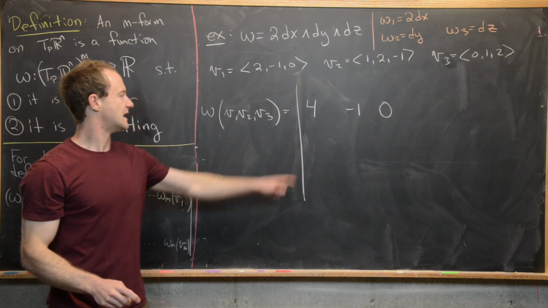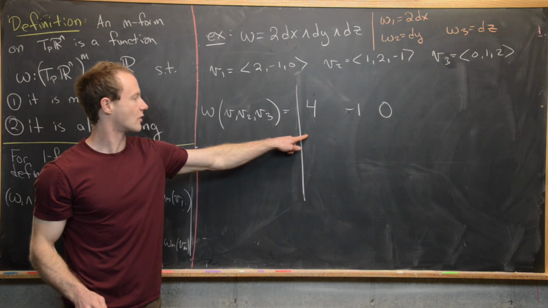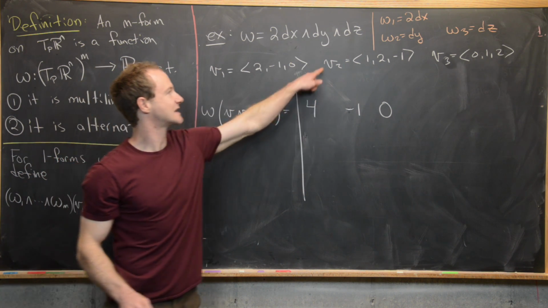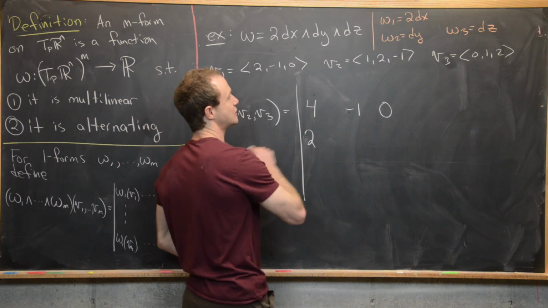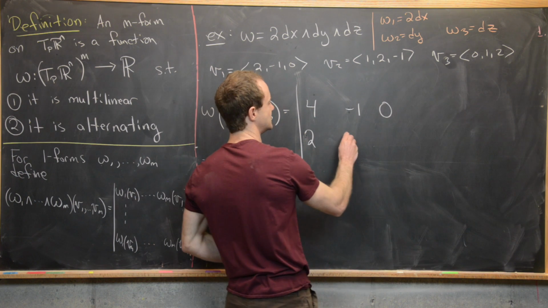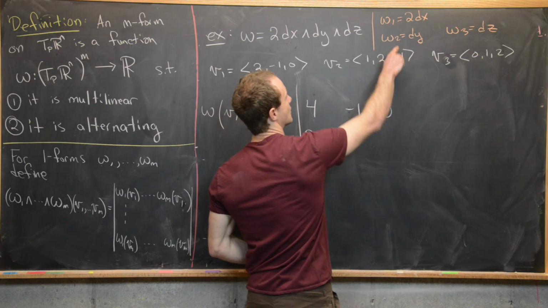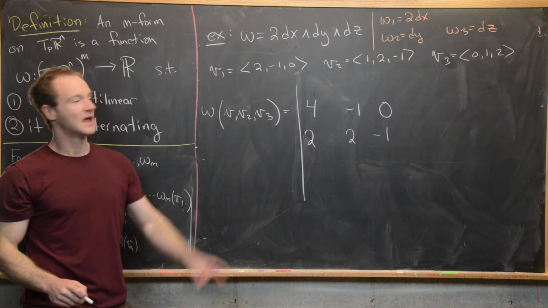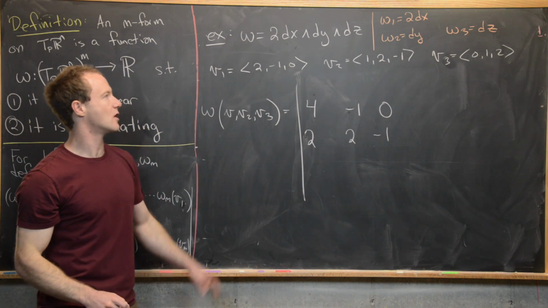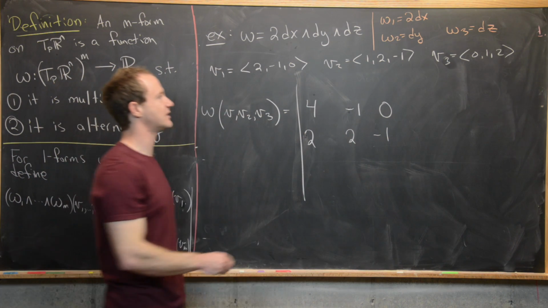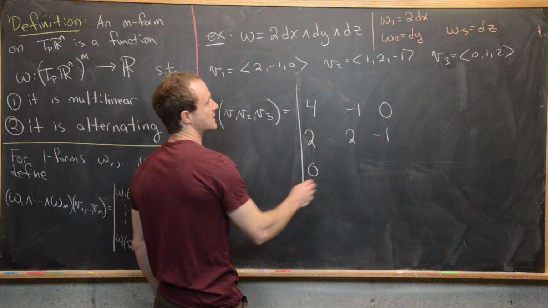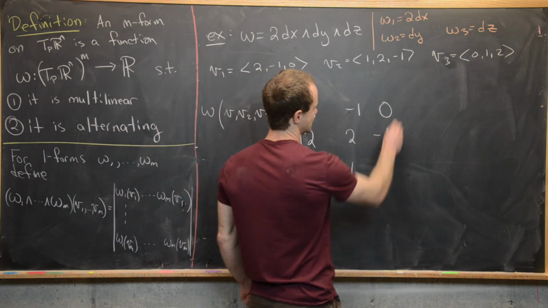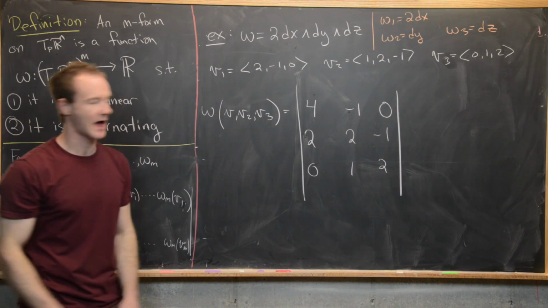Now for the second row, we'll have omega 1 acting on v2, so that's going to give us 2. Omega 2 acting on v2 is 2. And omega 3 acting on v2 will be negative 1. Finally, for the last row, omega 1 acting on v3 will be 0, and then 1, and then 2. Great, so that's what we get for that.